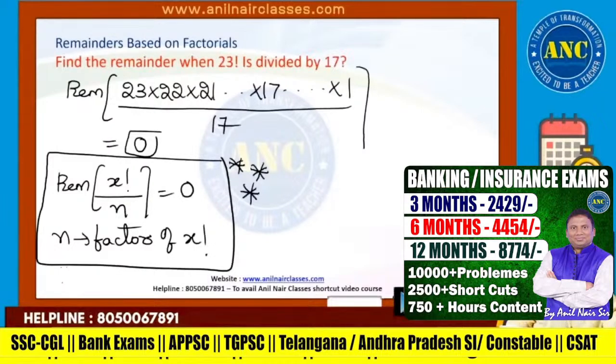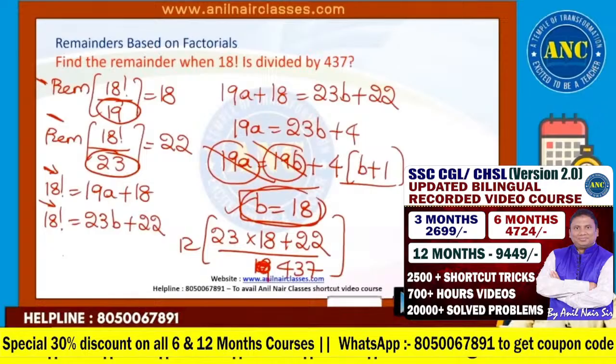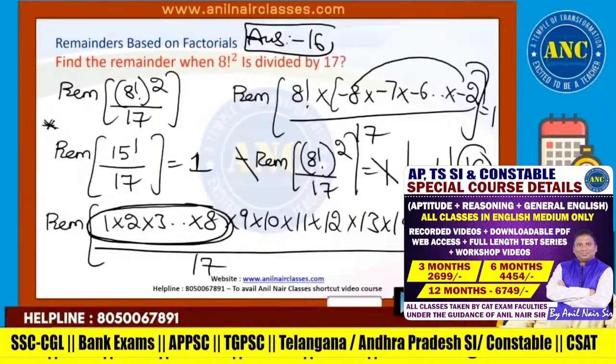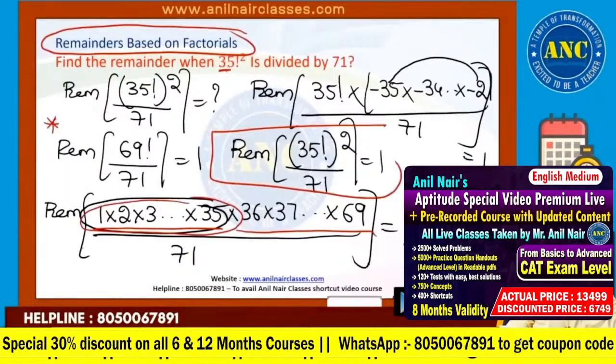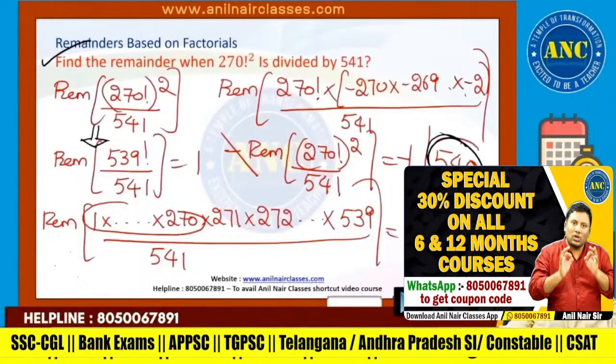What if the denominator is a factor of the numerator? What if the denominator is a product of two prime numbers, 19 and 23? What if the number is of the form p minus 1 by 2 factorial whole square divided by p? 71 minus 1 is 70 by 2, which is 35 factorial.